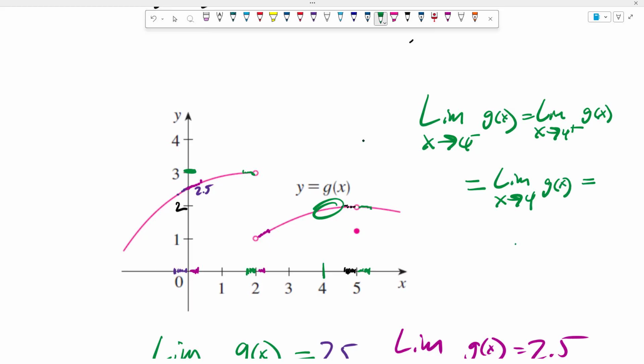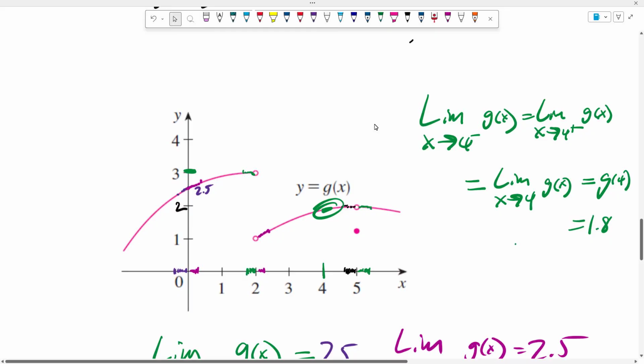It's going to equal g of 4, whatever that number is. Let's call it 1.8. I'm just making up a number. Okay. So if we know it's continuous, the limit from the left equals the limit from the right equals the limit equals the function value. So every other number here besides 2 and 5, the limit from the left will equal the limit from the right, will equal the limit, will equal the function value. Make sense so far? Okay.